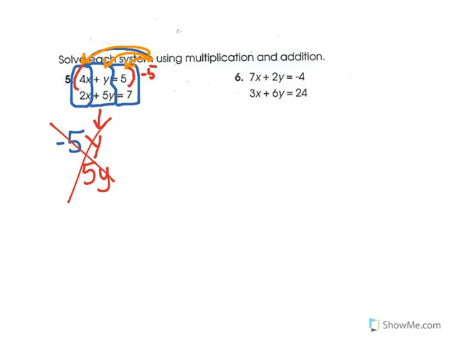So 4x times -5 is -20x. Y times -5 is -5y. 5 times -5 is -25. And then you're just going to rewrite your second equation underneath.